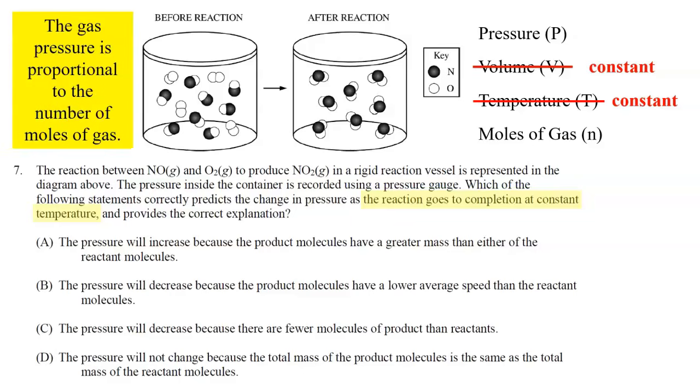The gas pressure is proportional to the number of moles of gas, and we start with a mixture of nitrogen monoxide, NO, and oxygen, O2. Then as the reaction comes to completion, the only substance in the reaction vessel at the end is nitrogen dioxide, NO2.